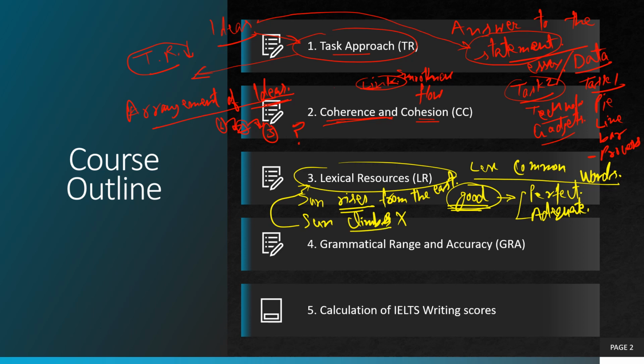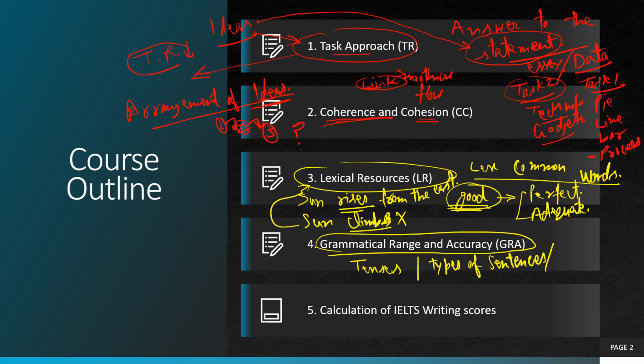Okay, the last one is grammatical range and accuracy. So in this GRA, what we are going to tell the examiner is that we have a good grip on the tenses, and we know how to use all types of sentences.